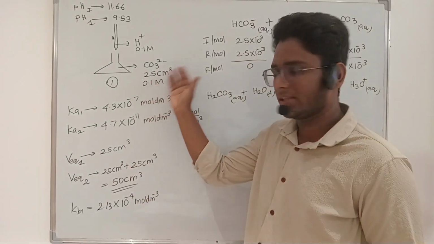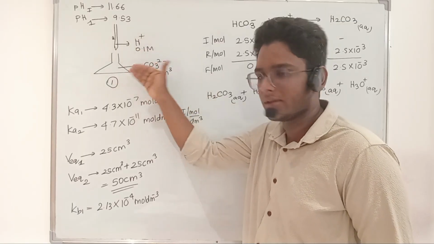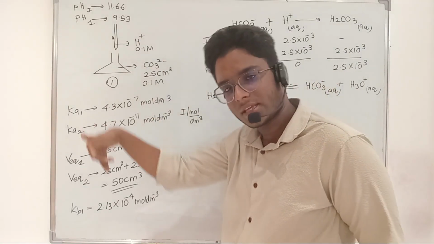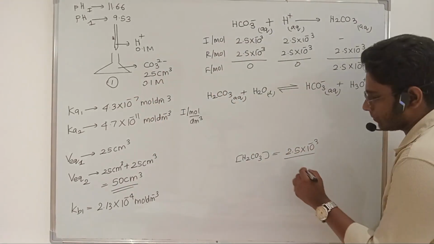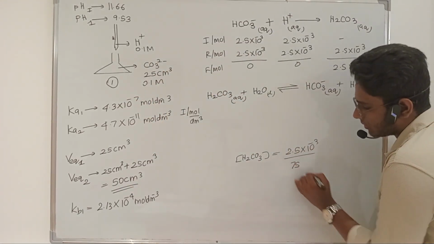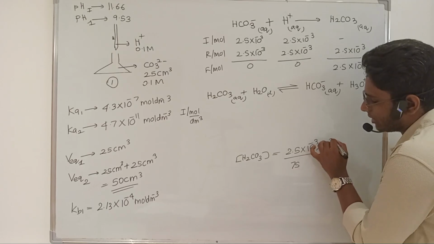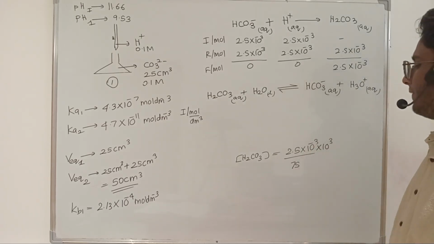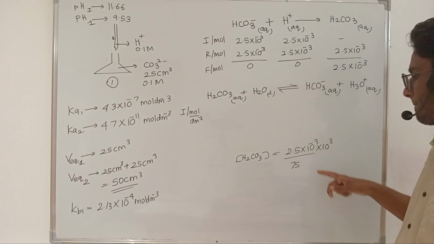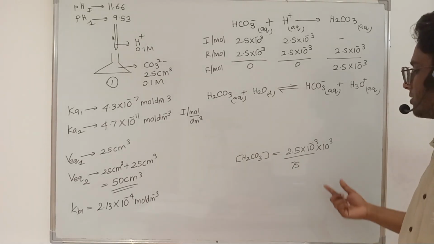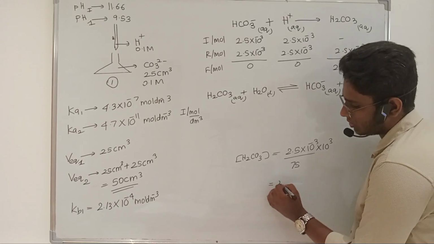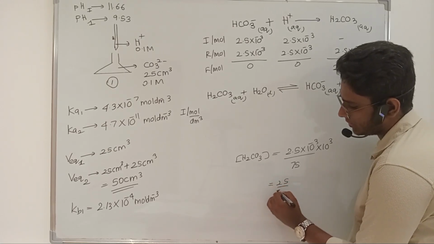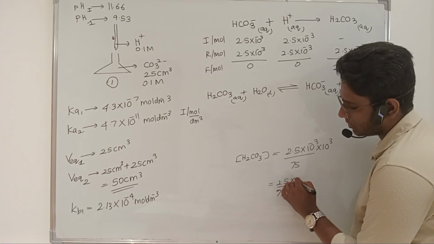25 was there. At the end of the first equivalence point, you added 25. To reach the second equivalence point, you added another 25. So the total volume is going to be 75 centimeter cube. To convert into decimeter cube, I'll multiply by 1000. What is the concentration? 2.5 over 75. So I'll write it as 25 over 75 into 10 to the power minus 1.